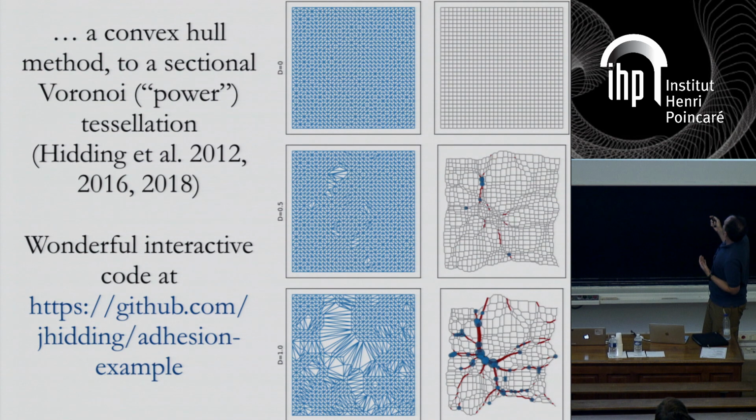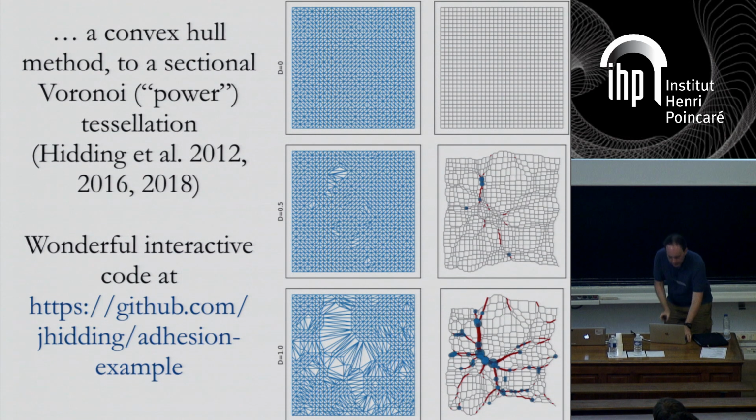So actually, the generators remain in the same place, but the potential changes. The potential is 0 in this case, but it gets linearly scaled with time. And you end up with some cells that are quite big, where the potential is large, and some deep potential wells, where you actually have these cells disappearing from the tessellation, and the mass gets deposited in a certain place.